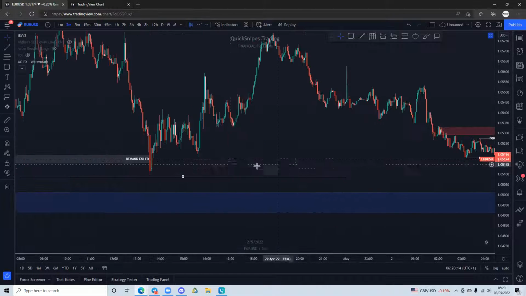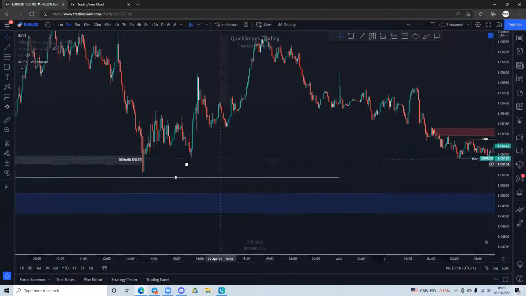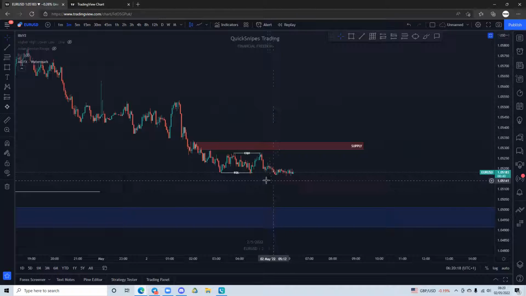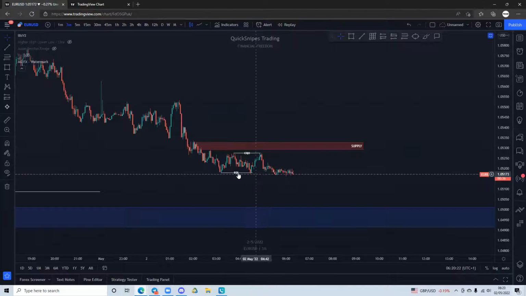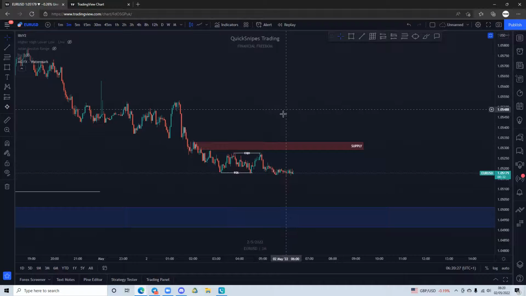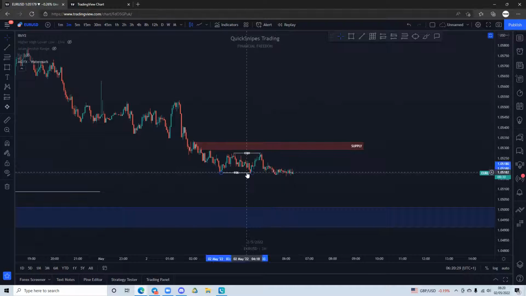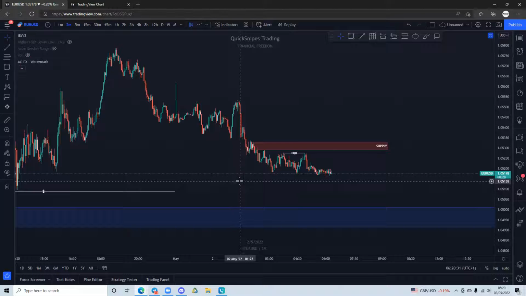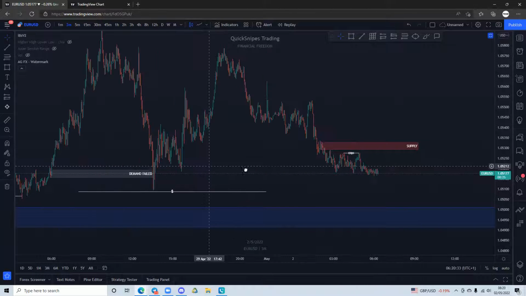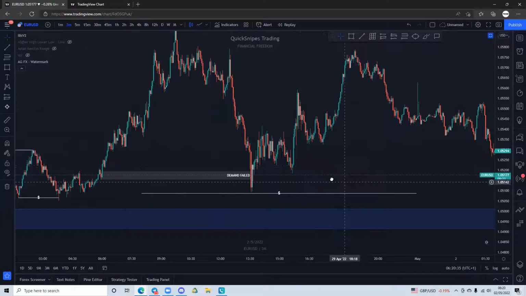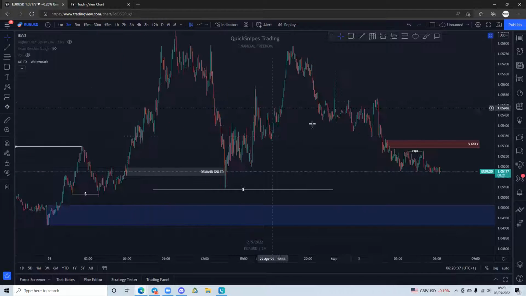And we could be looking for an entry level in here for this range, but considering these may be equal lows, if they were, we would have had a liquidity grab and then a quick move up, not this sort of ranging market. Maybe because London volume hasn't kicked in yet, but I'd ideally like to see that kick in. So I'm not going to consider those to be equal lows just yet.